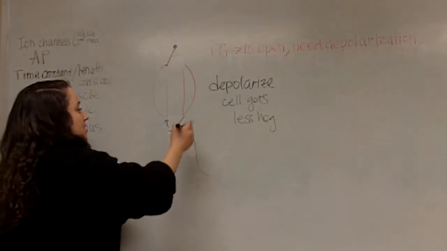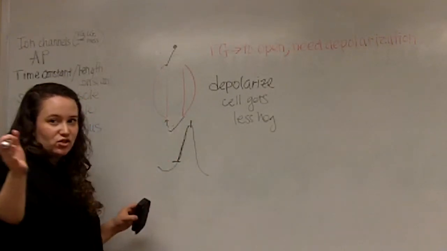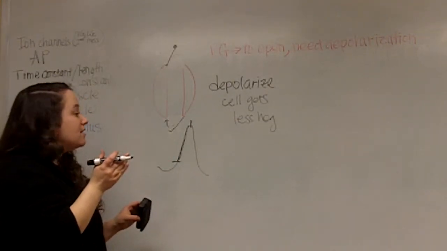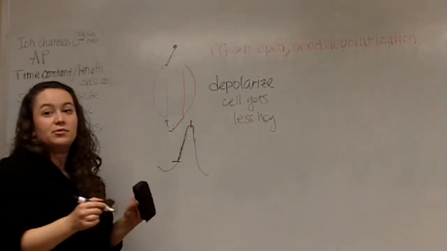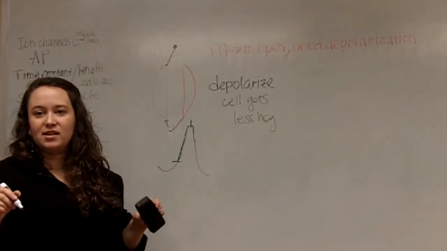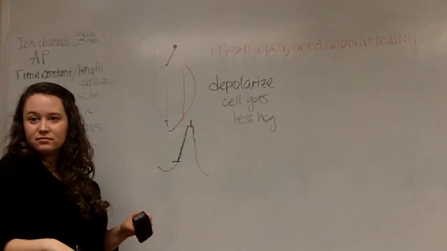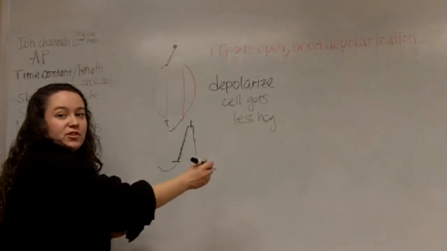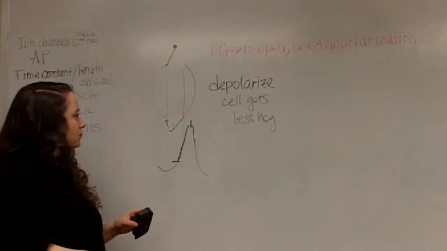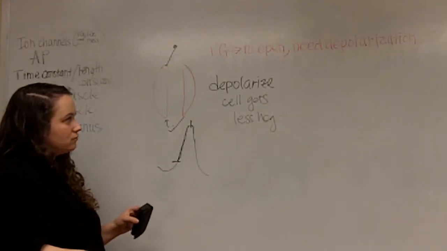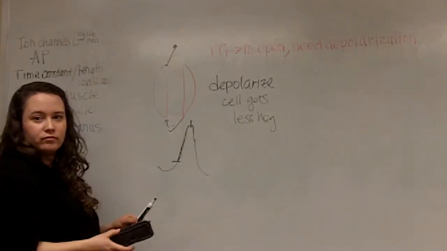Right. But then here, this gate completely closes, it just seals off. And so you can't send any more sodium in, but you're gonna have a drop now because remember your sodium potassium ATPase is pumping things out. And so you're getting rid of your sodium now. You're sending it back out of the cell.